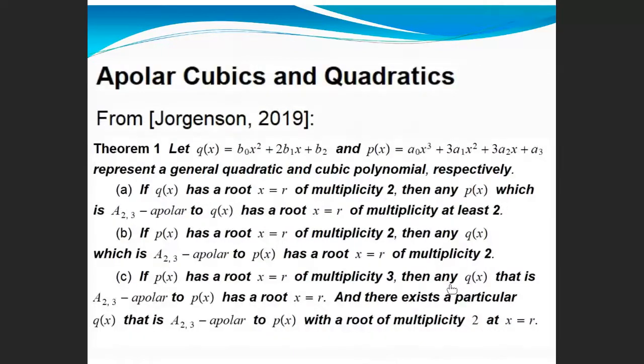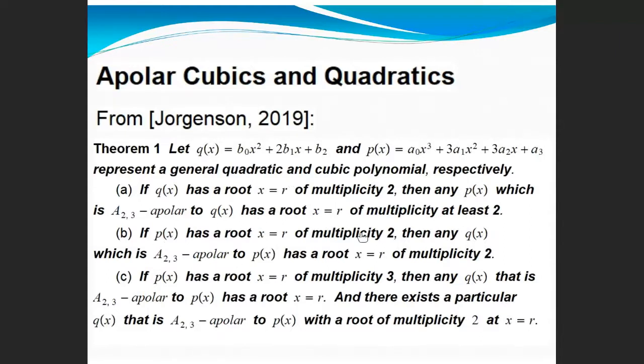And all right, so here are some theorems. Theorem 1 says if Q is quadratic and P is cubic, as we saw in the example, then if Q has a multiplicity 2 root at R, then P, which is apolar to Q, will have a root at R of multiplicity at least 2. So this is a different scenario where there are repeated roots. In this case, Q and P will actually share roots.